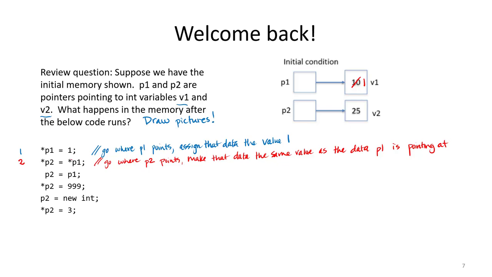So notice here, asterisk P1, well, we look where P1 points. P1 is now pointing at 1. So asterisk P1 will return the value 1. So asterisk P2 equals 1. That's going to go where P2 points and set that value equal to 1.